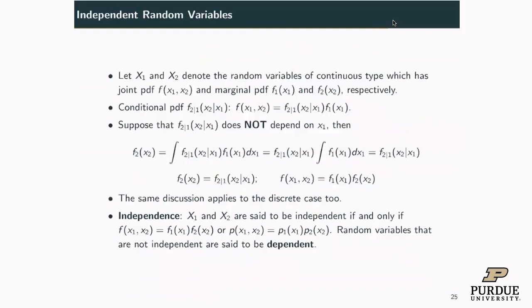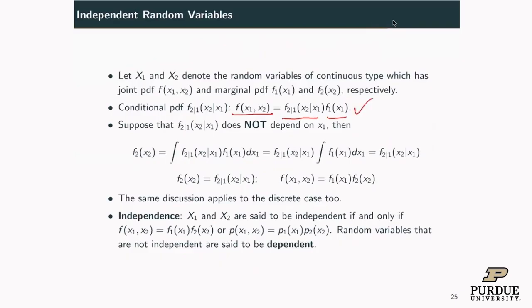Now, independence is another type of relationship. Let x1, x2 denote random variables of continuous type. We have the joint and we have the marginal. For the conditional distribution, by definition, the joint is the conditional times the marginal.